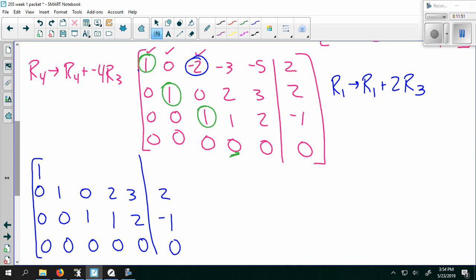So row 1 is 1 plus 2 times 0 is 1. 0 plus 2 times 0 is 0. -2 plus 2 times 1 is 0. And then -3 plus 2 times 1 is -1. -5 plus 2 times 2 is -1. And 2 plus 2 times -1 is 0.